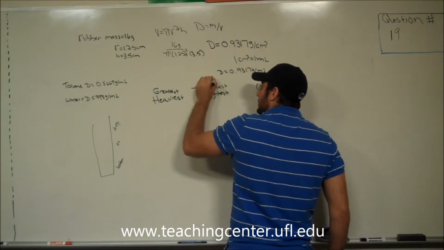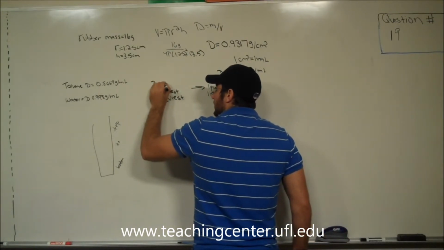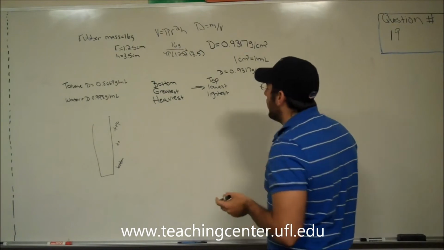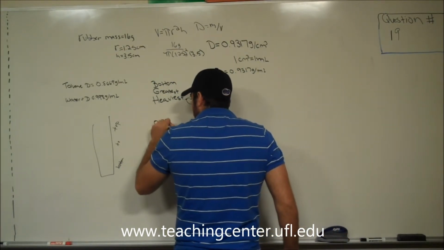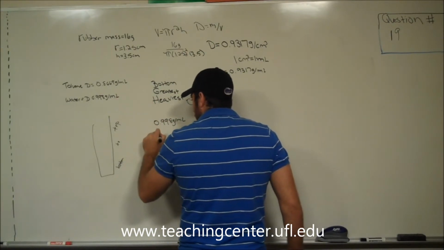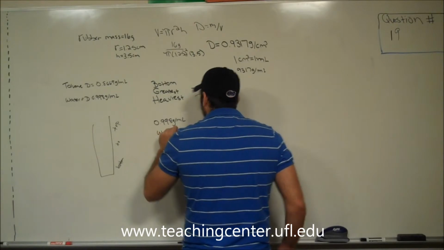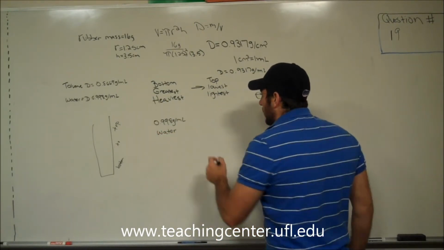The lightest ones are going to be towards the top, and the heaviest ones are going to be towards the bottom. So, water, 0.998 grams per milliliter. That's the greatest one. So water. We calculated rubber to be 0.9317. So it's less than water but greater than toluene.